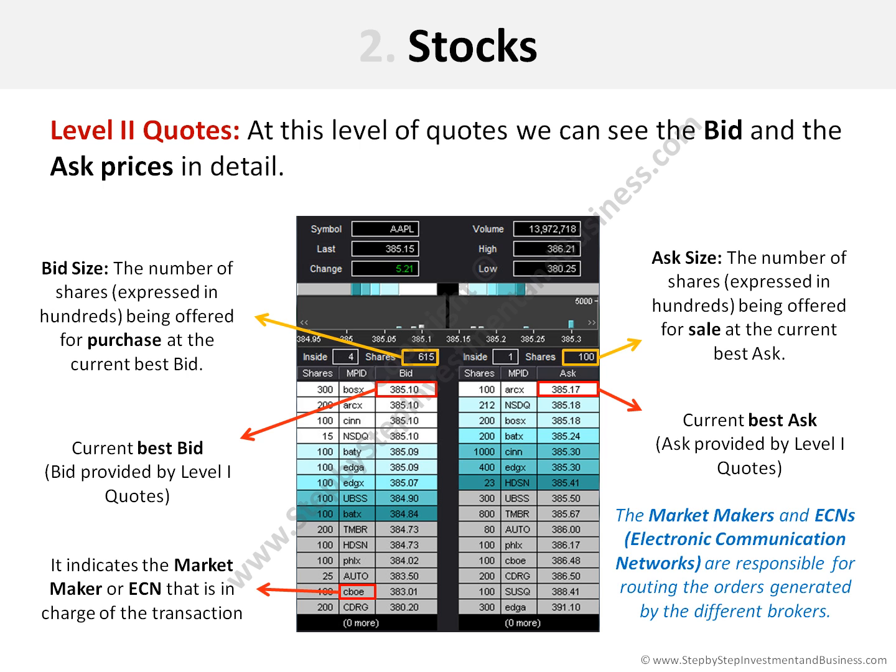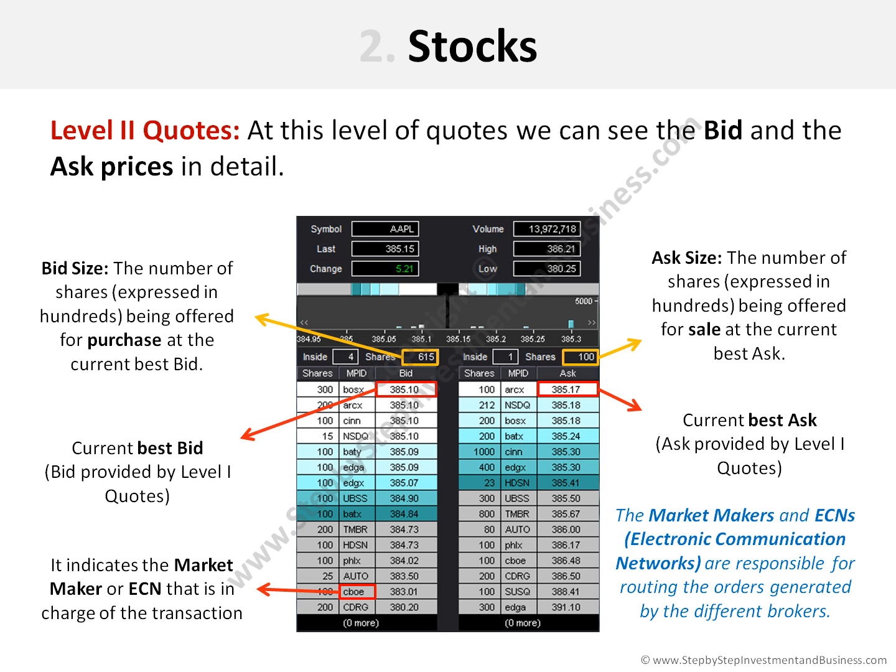Finally, for both the ask and the bid, in the second column there is a symbol referring to what is known as market maker or ECN, which indicates who is in charge of the transaction. The market makers and ECNs, which stands for Electronic Communications Networks, are responsible for routing the orders generated by the different brokers.